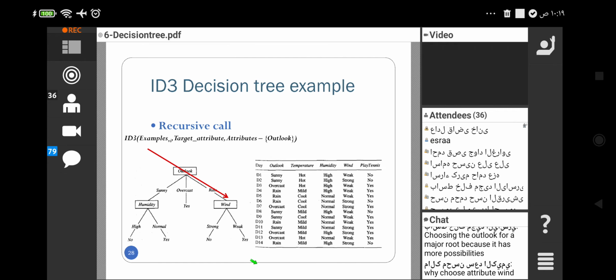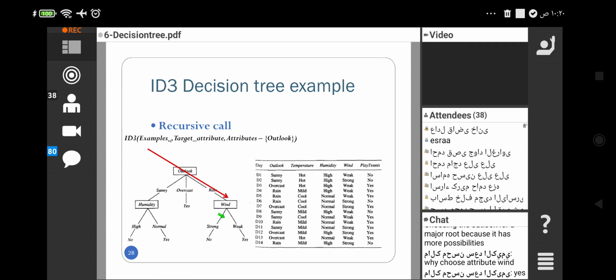Okay, Mr. Malek, you ask why did we choose wind? You mean here, at this point? Do you mean the wind that we put here? Okay, because it has the highest gain between the attributes. At this point, we have three attributes: temperature, humidity, and wind, because Outlook is used before, and this is the child of Outlook, so we can't use Outlook again. The gain of wind is higher. That's why we use it.